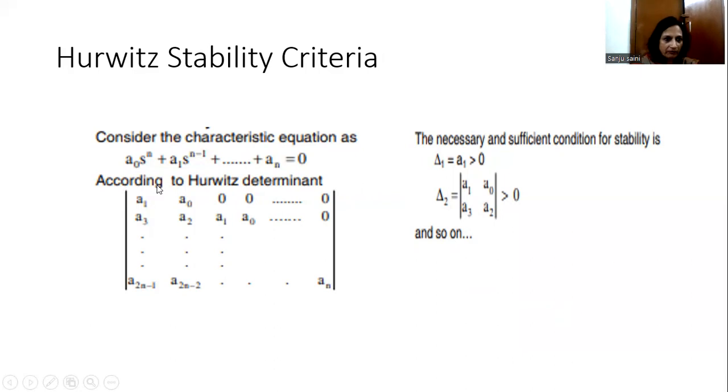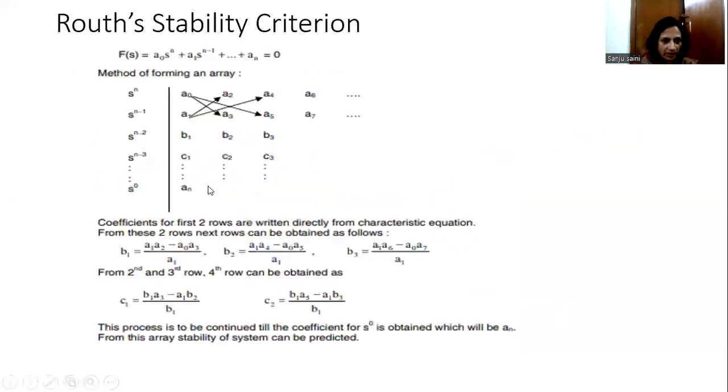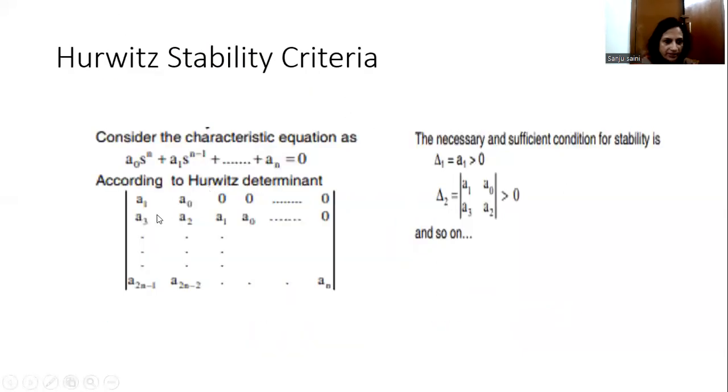The principal minor will be formed by a1, then a1, a2, a0, a3. This is another principal minor, then the next principal minor, and so on. If all the principal minors of the Hurwitz determinant are greater than 0, then we'll say that the system is stable according to the Hurwitz stability criteria.